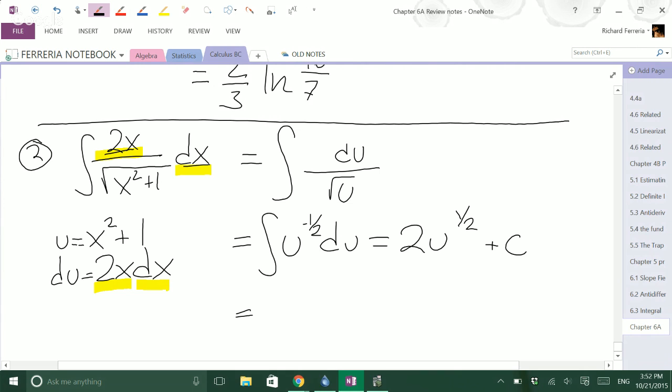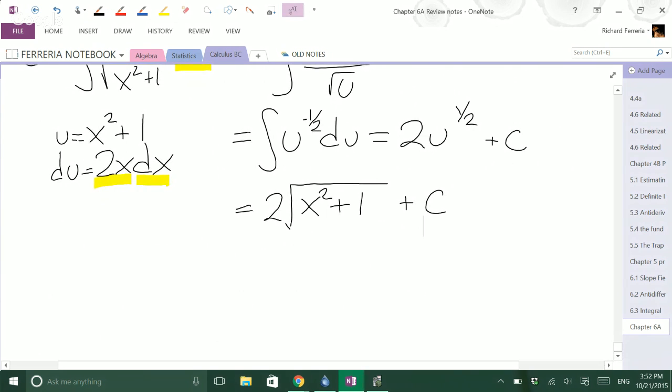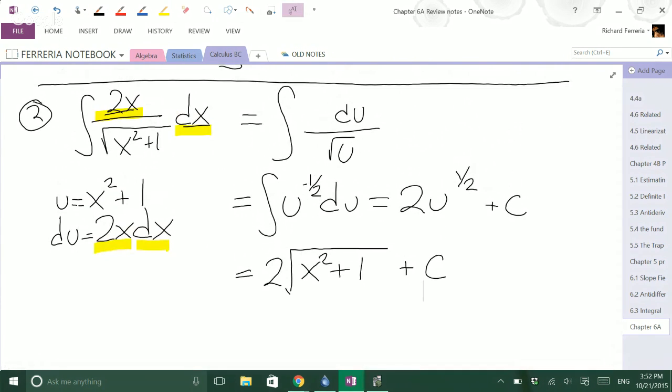Great. That's 2 square root of x squared plus 1 plus that constant of integration again. That's more like it. Nice, easy problem for number 2. Any questions on those 2?